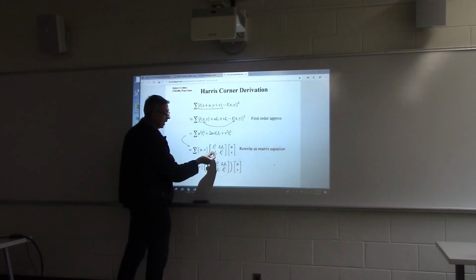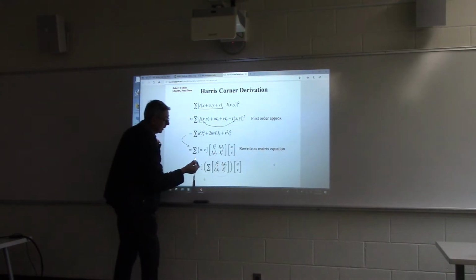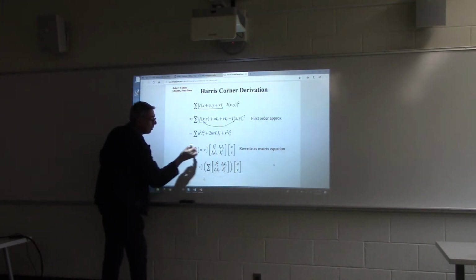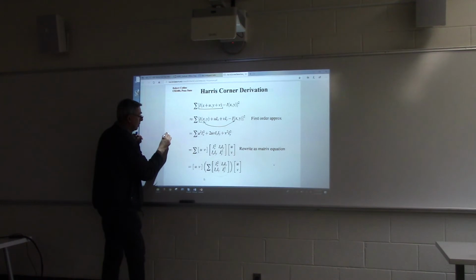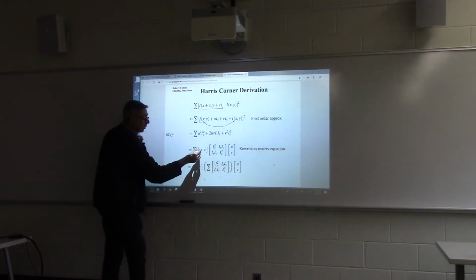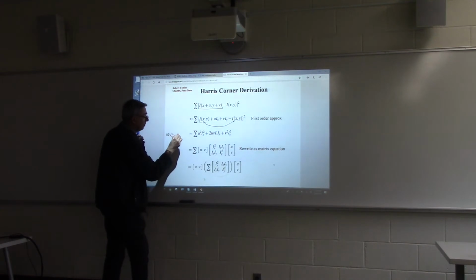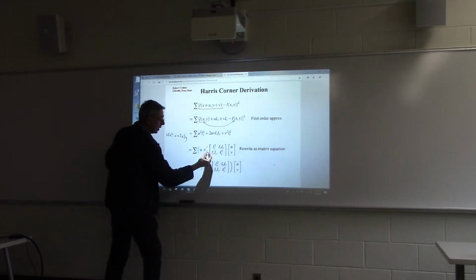As Ix squared, Ixy, Ixy, and you can verify this. If I did row by column, wouldn't this be u Ix squared plus v Ix Iy? Correct? Yes.